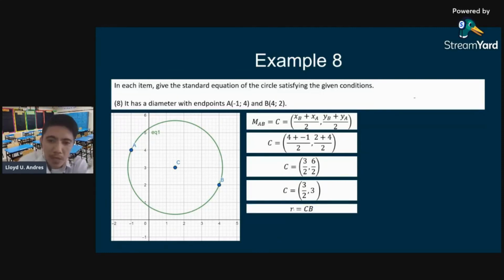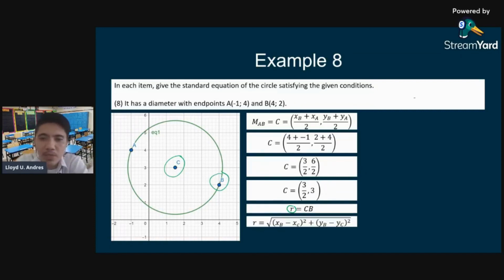So to solve for the radius, we can choose to solve for the distance from C to B. It is equivalent to the square root of the quantity x coordinate of B minus the x coordinate of C squared plus the quantity y coordinate of B minus the y coordinate of C squared.